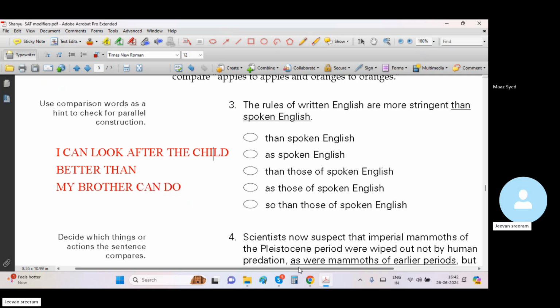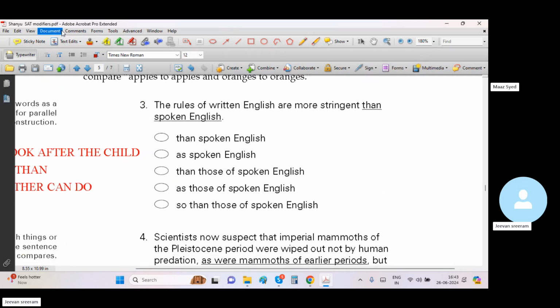Now let's understand these questions. What's the answer for the third one? Have you attempted this? Third one, C. The rules of written English are more stringent than the rules of spoken English.